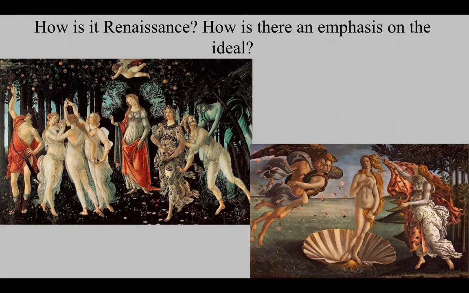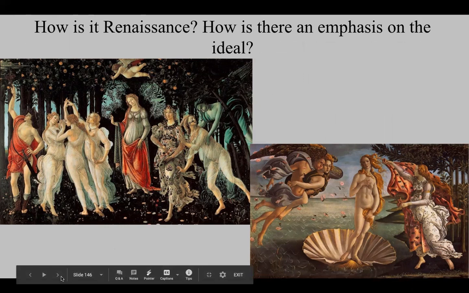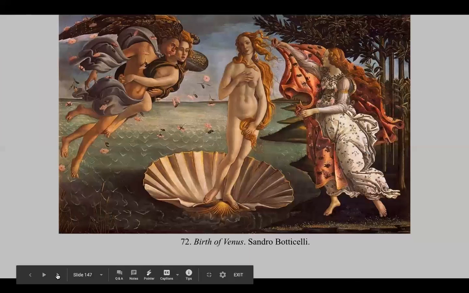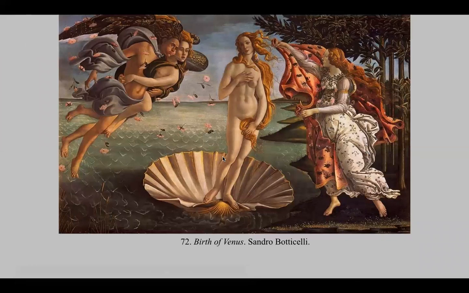But here we have the three graces, very symbolic of the perfect wife. These would be characteristics that a woman would have. This was a marriage gift. I think this was also a marriage gift here on the left, the Birth of Venus by Botticelli.